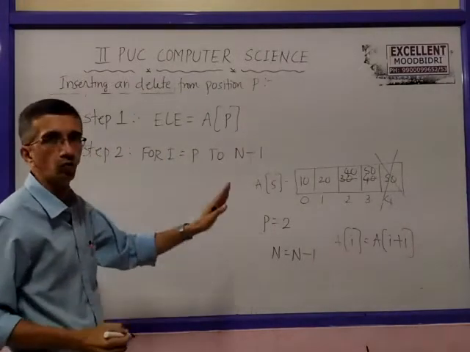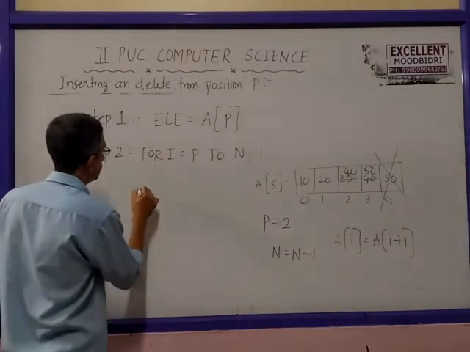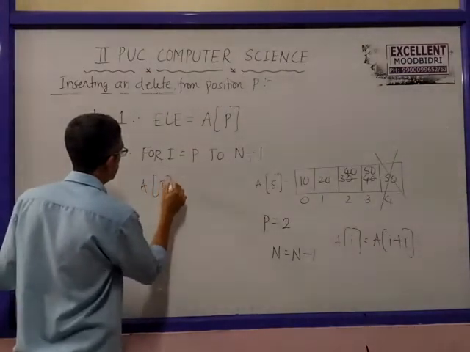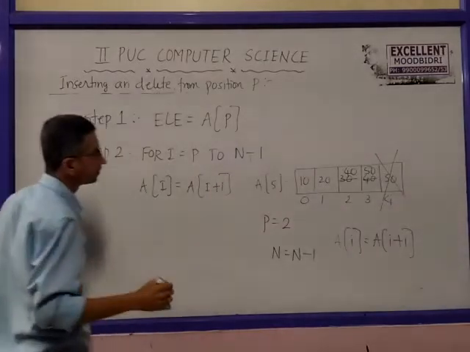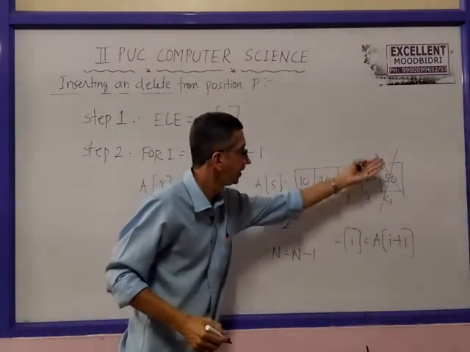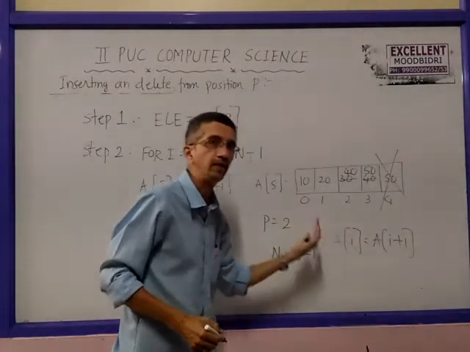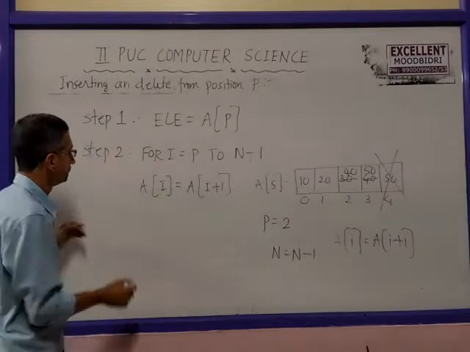It is an upward loop starting from the given location p. Right? So A of i is equal to A of i plus 1. Shifting the higher order elements to the previous. So i plus 1 is assigned to the previous location. End for.